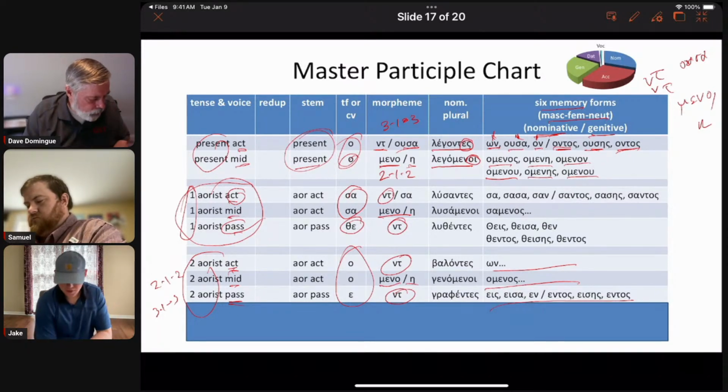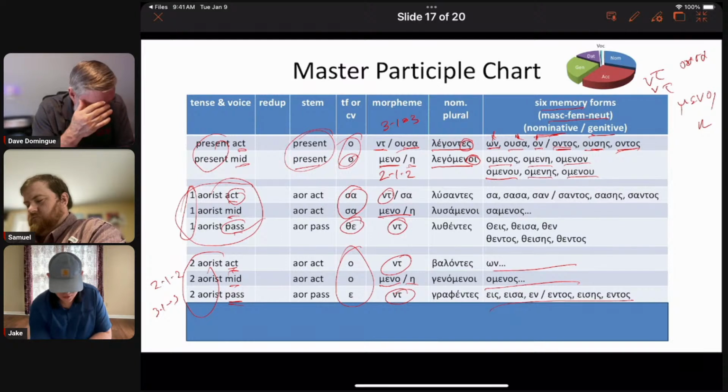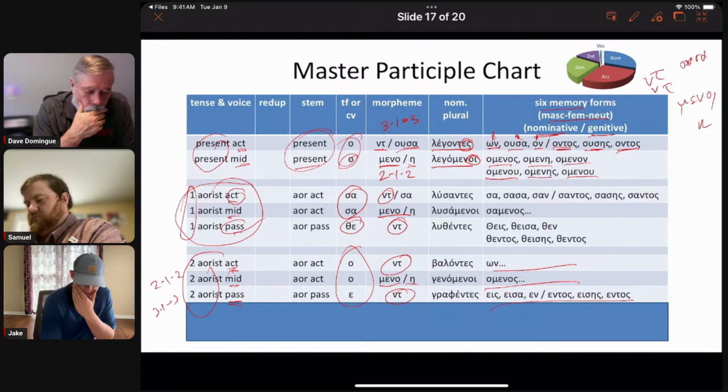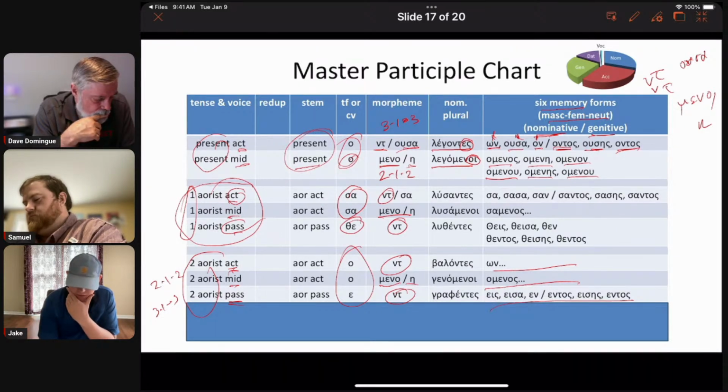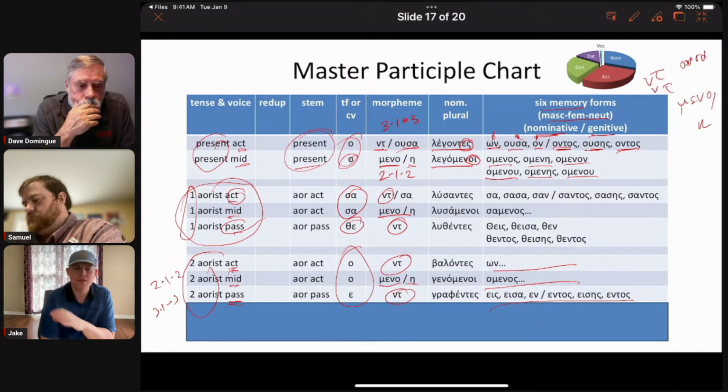Okay. Go ahead. So at least for the present and imperfect, and maybe the perfect, but just take the present and the imperfect. Say you have an imperfect, or to make it easier, a present middle passive Greek verb.